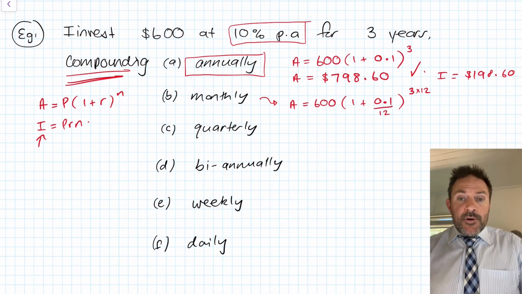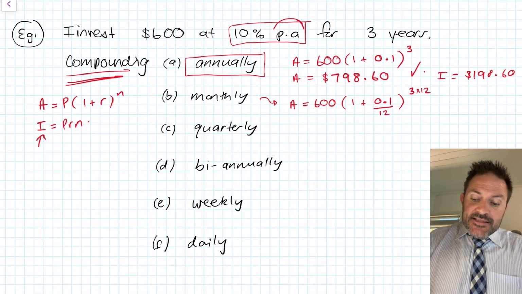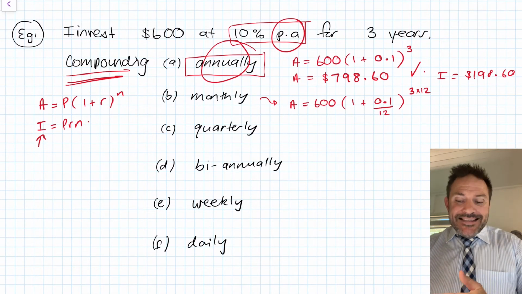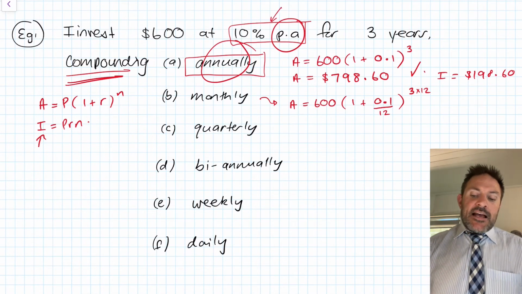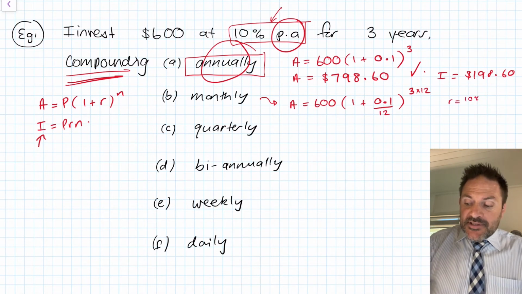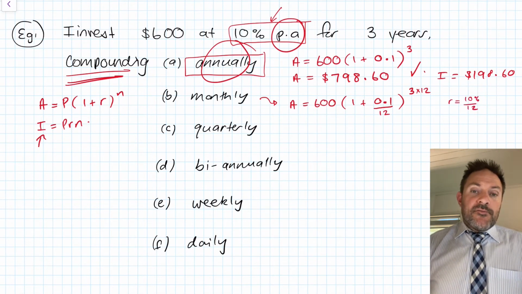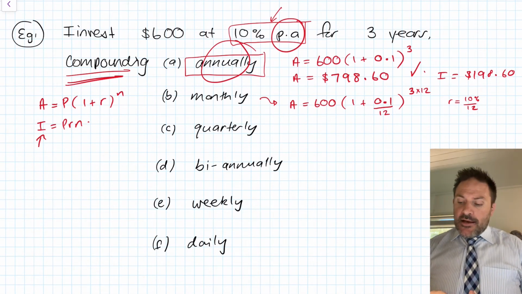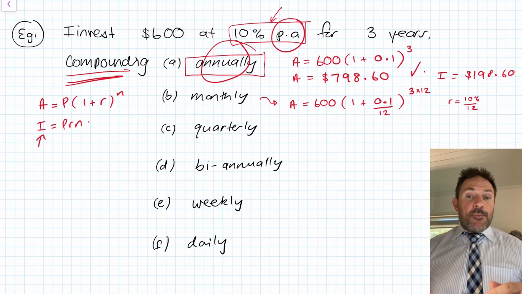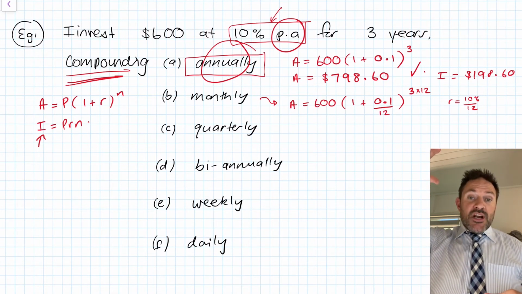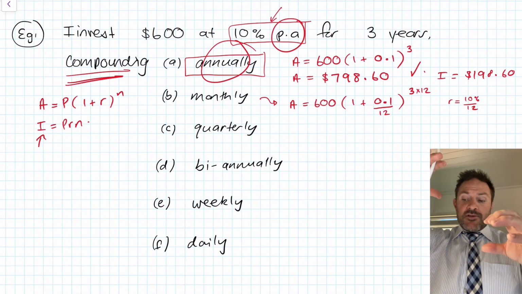You need to divide it by 12, because this and this need to be in the same units. So if you're saying I'm going to compound it for 12 months, I need to have this as a monthly rate, which means my rate is actually 10% divided by 12. Okay, makes it a little bit more challenging, I understand that. But what you'll start to figure out, if you're playing around with different compounding periods, if you change the n, you will generally speaking change the interest rate as well.